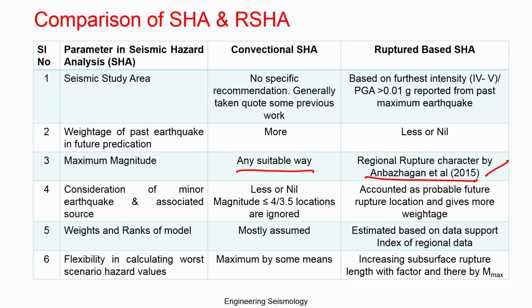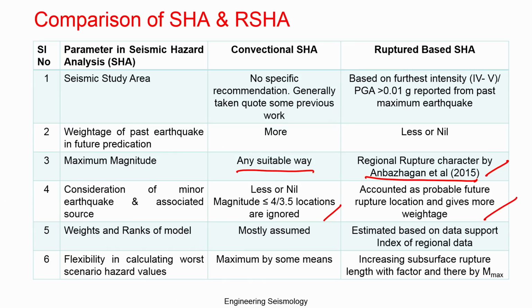Considering minor earthquake associated sources, the conventional approach generally ignores minor earthquakes, because they always take a magnitude of 4 or 3.5 and above for hazard analysis. Because of that, the locations of minor earthquakes are ignored. But in the rupture based analysis, we give more weightage, because we assume it is a probable rupture location.